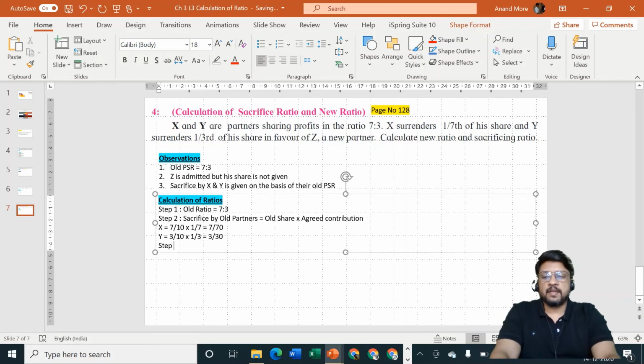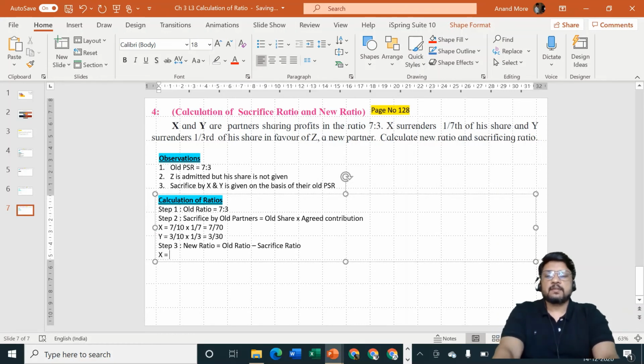Next, step number 3, new ratio is equal to old ratio minus sacrifice ratio. So X, let us calculate. What is the old ratio of X? Old ratio of X was 7/10 minus what is the sacrifice ratio of X?